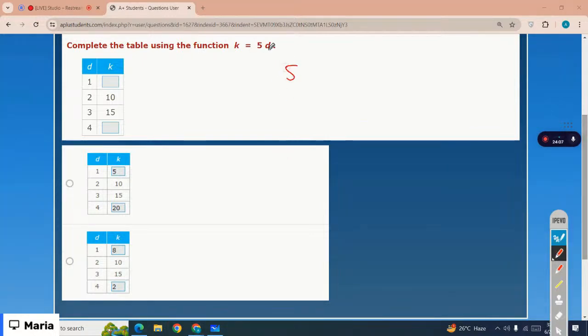Replace d with 1, so 5 times 1 equals 5. Now replace d equals 4. So 5 times 4 equals 20. So option number 1 is the correct option.